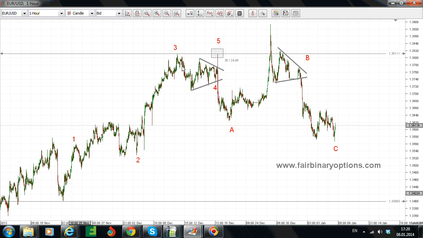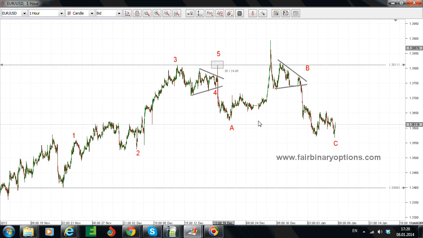And because we already have an ABC here, we would say that if this is a fifth wave of a bigger degree to the upside, then this ABC will be only part of a wave A of a bigger degree, and we still need to go something like 61.8 minimum to the upside because we have a three-wave structure. But if this is only a first wave of a bigger degree, then we should be careful enough here for price not to make a new high.